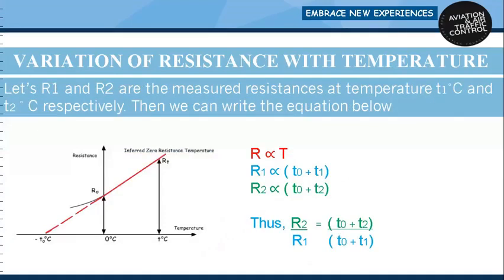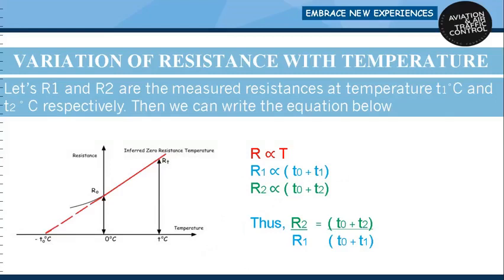Suppose R1 and R2 are the measured resistances at temperatures T1 degrees centigrade and T2 degrees centigrade respectively. Then we can write the equation. As we know, resistance is directly proportional to temperature. So R1 is directly proportional to T1 plus T0 and R2 is directly proportional to T2 plus T0.